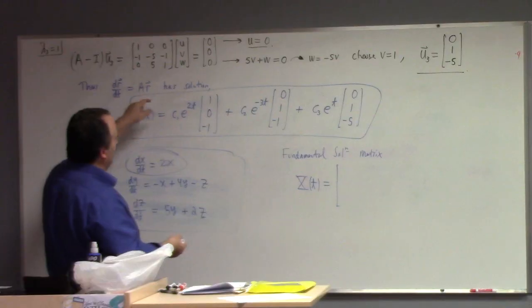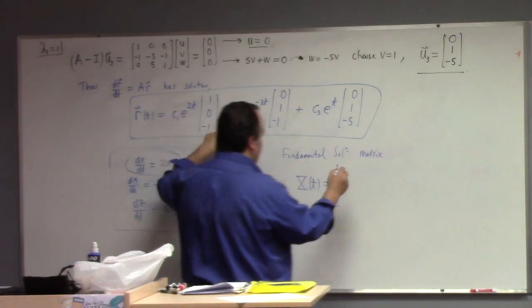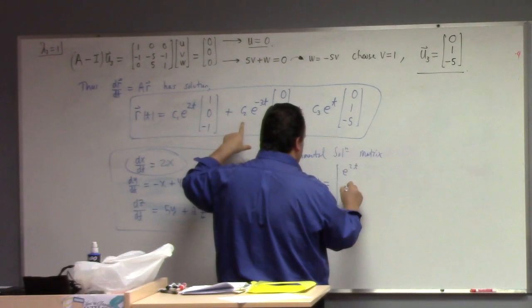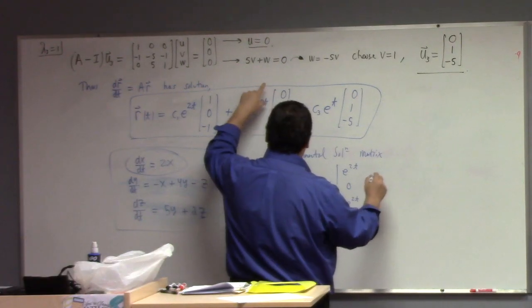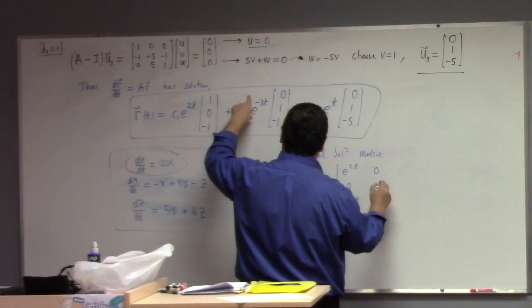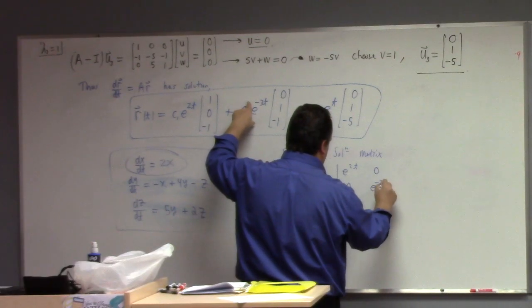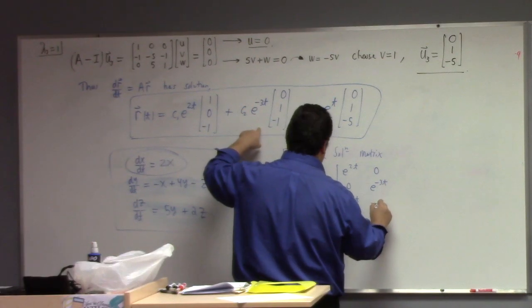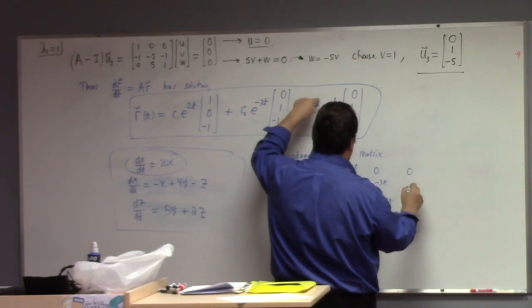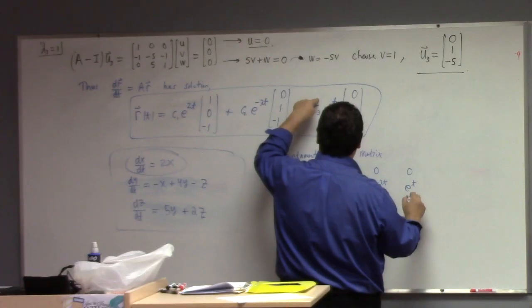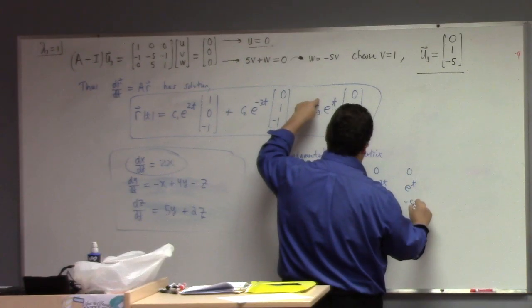So the first column would be e to the 2t, 0, minus e to the 2t. Second column, 0, e to the minus 3t, minus e to the minus 3t. And finally 0, e to the t, and minus 5 e to the t.